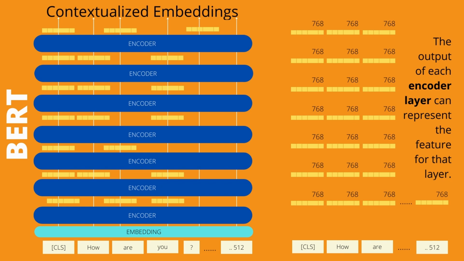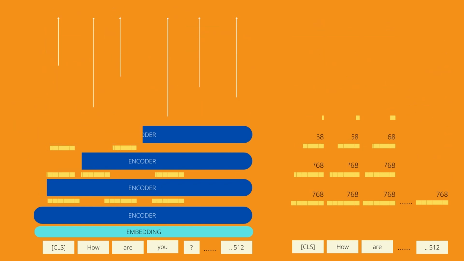So for each word we get an output from each encoder layer. Given that we have a BERT base model, the output is a 768-dimensional vector representation for each word and for each special token like our classification token.